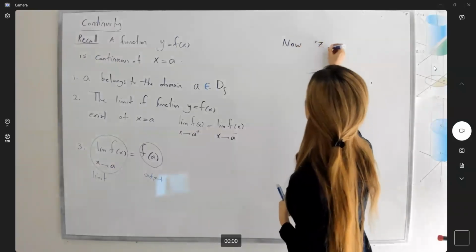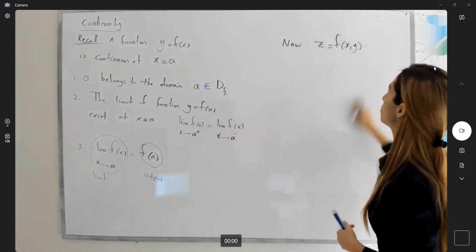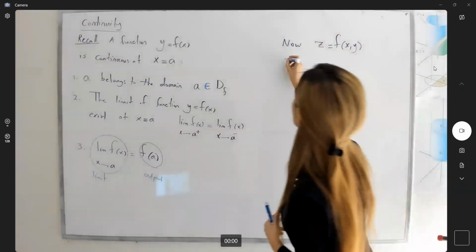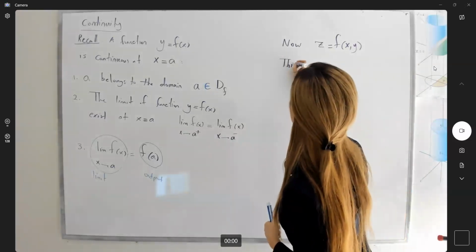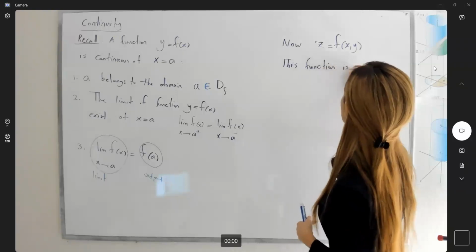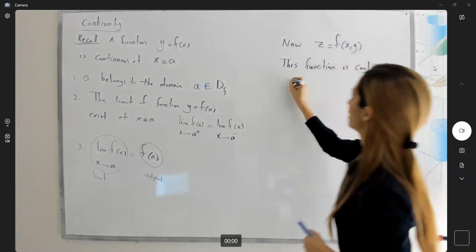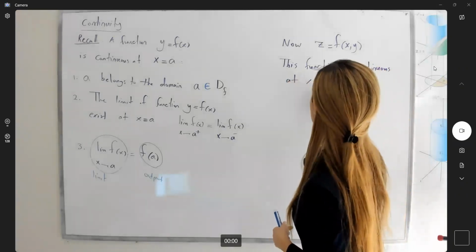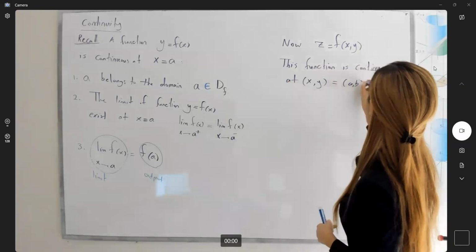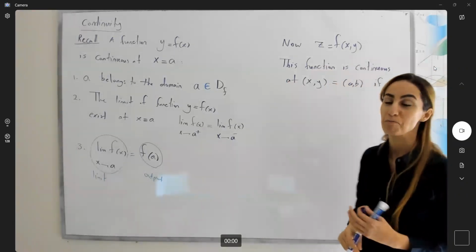Now, if you have z equals f of x and y with domain D, we say that this function is continuous at x and y equals a and b if we have 3 conditions met here.